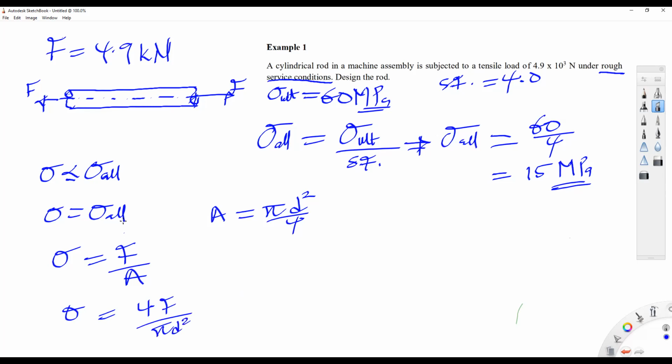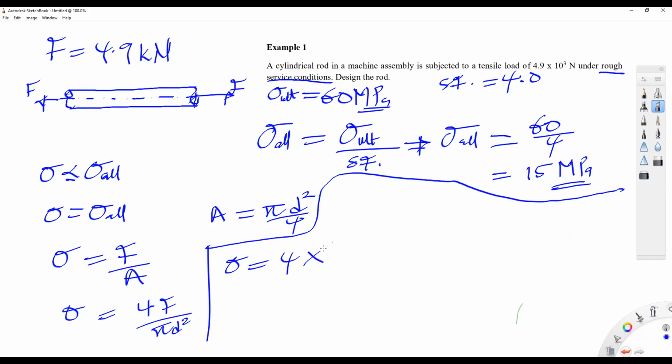Now, if sigma is equal to the allowable stress, then in effect, the allowable stress which we have calculated to be 15 megapascals is equal to this expression here. Are we okay? So sigma is equal to 4 times 4.9 times 10 to the 3 divided by pi d square.